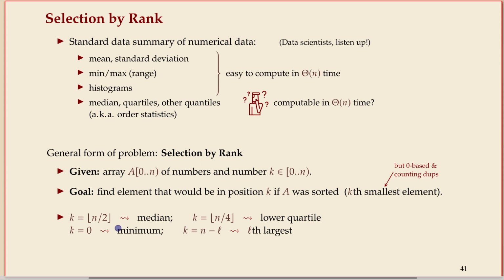So if you put n/2 in, rounded appropriately, you get the median, you get the quartiles, and you can find the minimum and maximum, or the l-th largest, by putting k to the appropriate value.